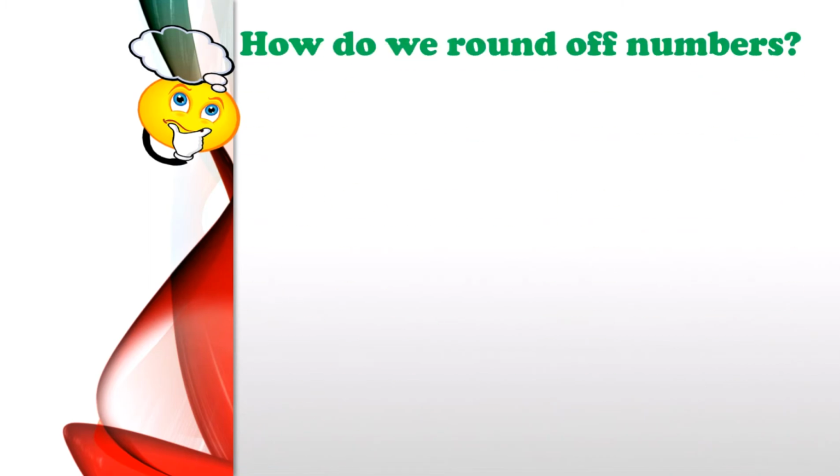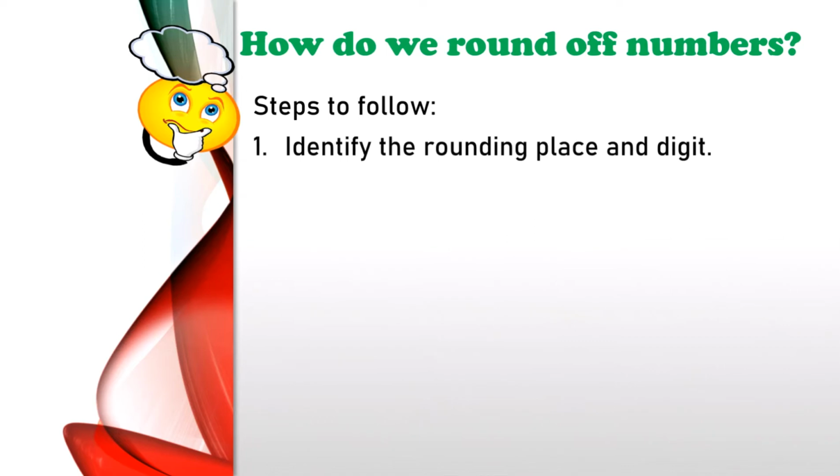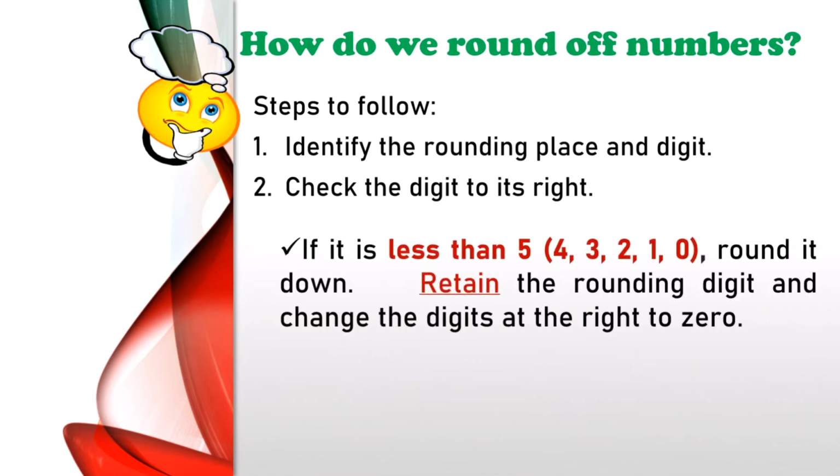How do we round off numbers? Let us find the steps to follow. First, identify the rounding place and digit. Second, check the digit to its right. If it is less than 5, 4, 3, 2, 1, and 0, round it down.